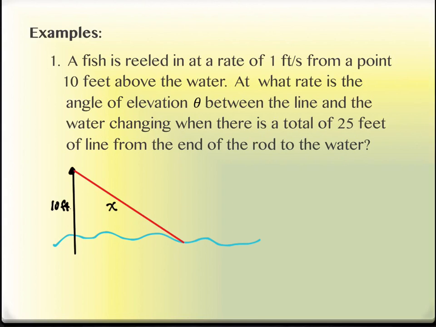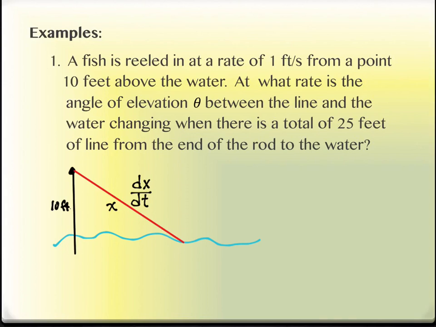And this line coming back in, it tells us at the very beginning that it's changing at a rate of 1 foot per second. So every second, it's 1 foot shorter. It started at 25 feet out, then 1 second later, it's now 24 feet out, and then 1 second later, it's 23 feet out. Are you with me? The length of the line, as we pull it in, is becoming shorter over time. So this rate is called dx/dt.